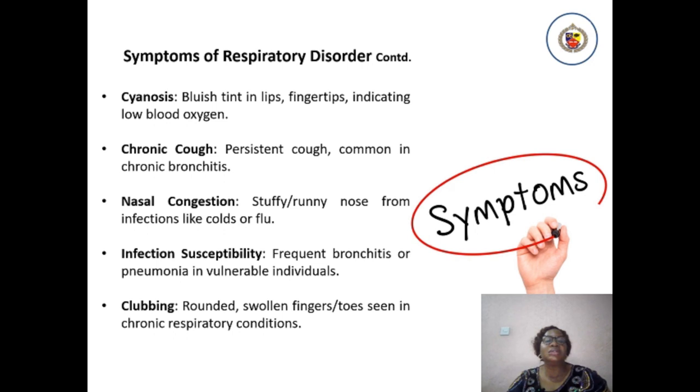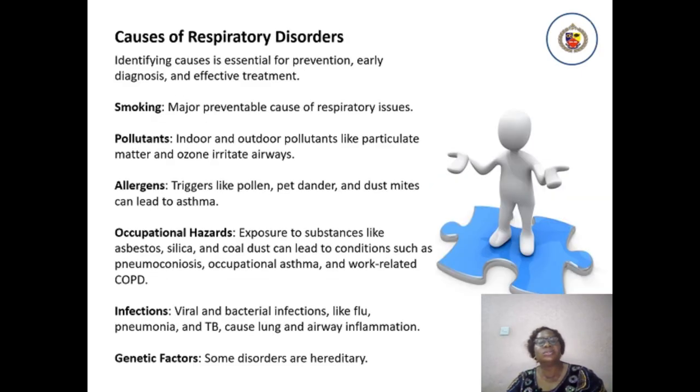Symptoms of respiratory disorder also include cyanosis, bluish tints in the lips and fingertips indicating low blood oxygen; chronic cough, a persistent cough common in chronic bronchitis; nasal congestion, a stuffy runny nose from infections like cold or flu; infection susceptibility, frequent bronchitis or pneumonia in vulnerable individuals; and clubbing, broadening of the fingers and toes in chronic respiratory conditions.